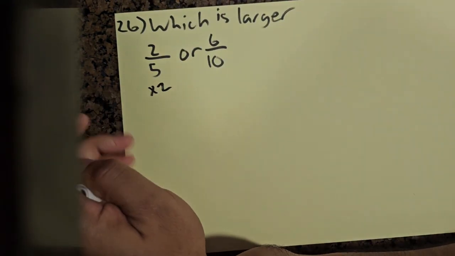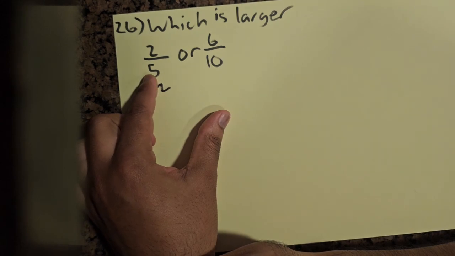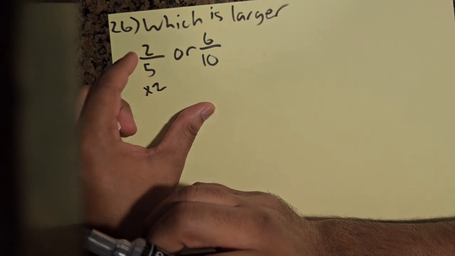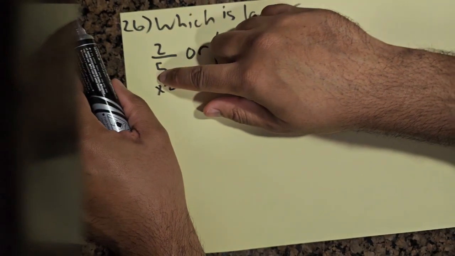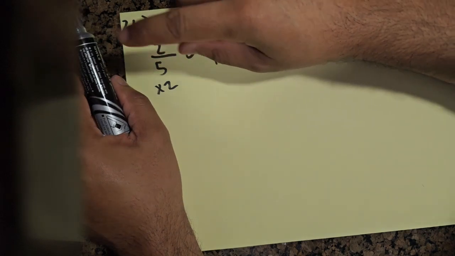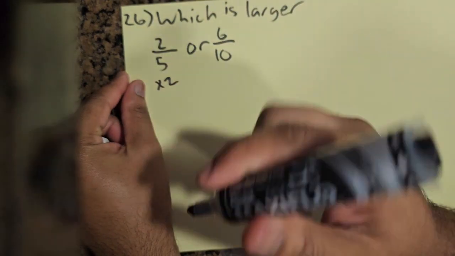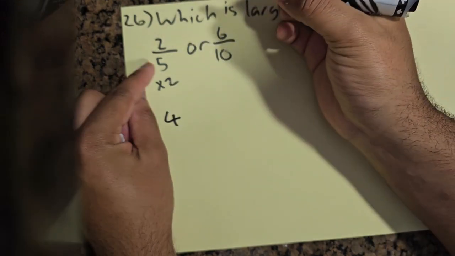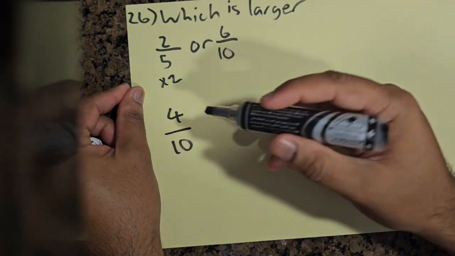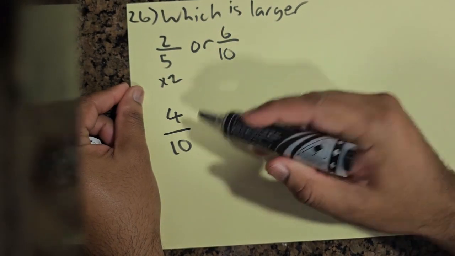Okay, so if I multiply the denominator by 2, for this to stay an equivalent fraction, I also need to multiply the numerator. So that means I'm going to take this multiplication of 2 for the numerator and the denominator, okay? So this becomes 2 times 2, which is 4, and 5 times 2, which is 10. Okay, now we can compare. Both of them have the same denominator.